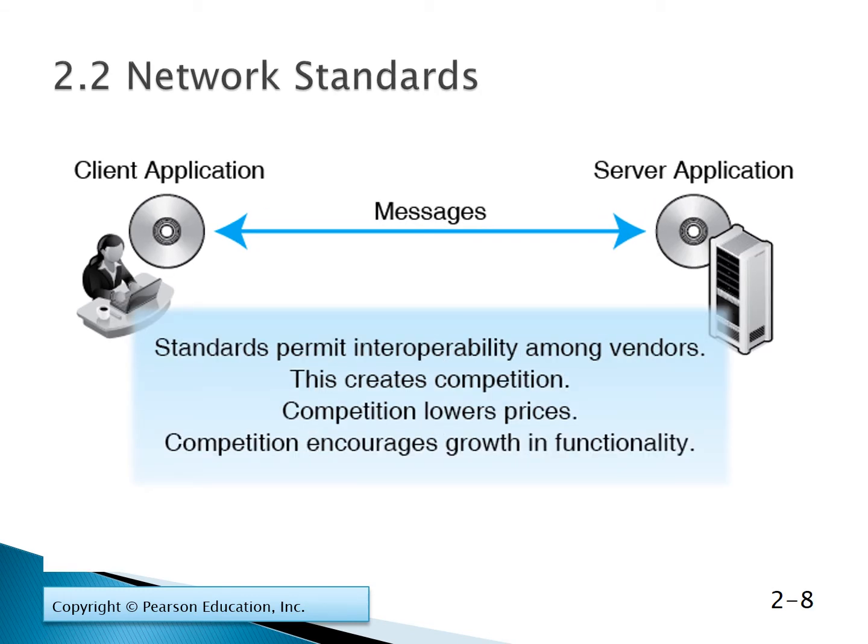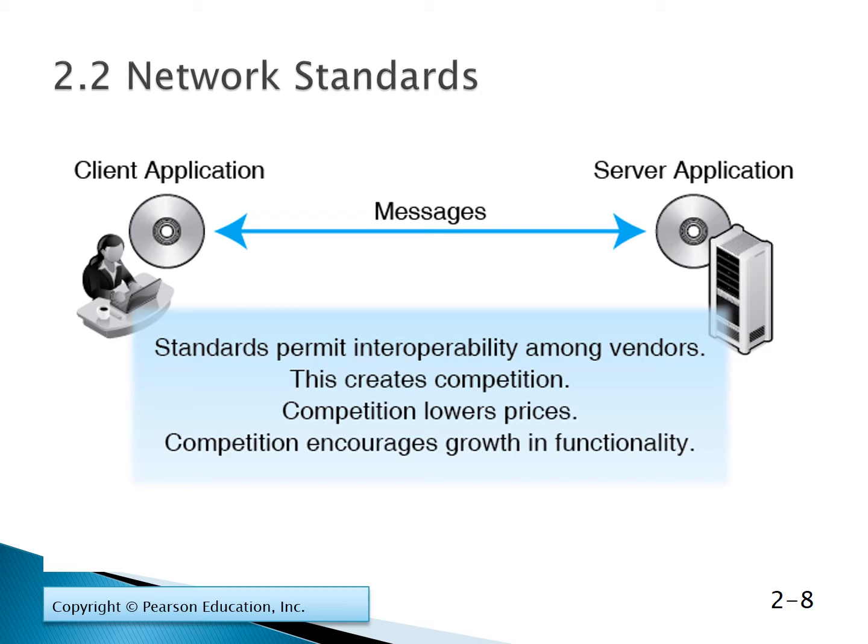So when we have standards, we can have interoperability among vendors. As long as everyone is following the standards, you can have different companies manufacture the different networking devices. You can also have different software companies write different programs and drivers based on the networking standards, rather than having one or two big companies write all the software or produce all the hardware. So you actually have a lot of competition among the different companies, hardware and software companies.